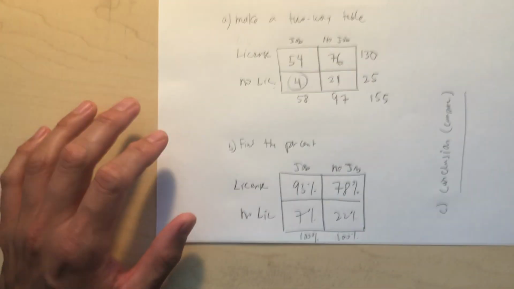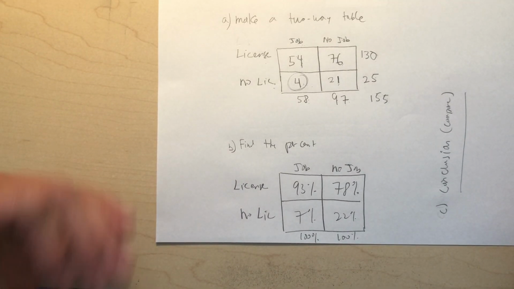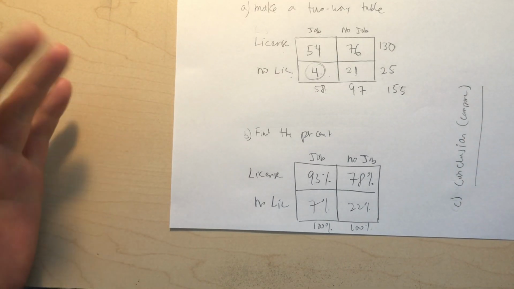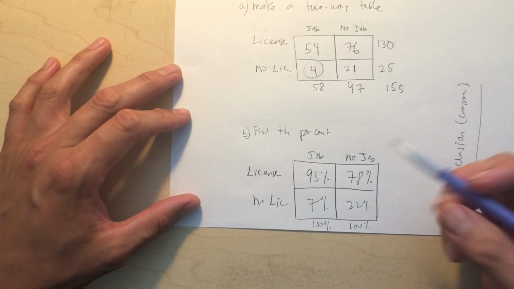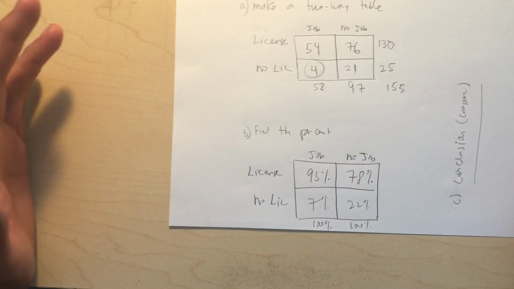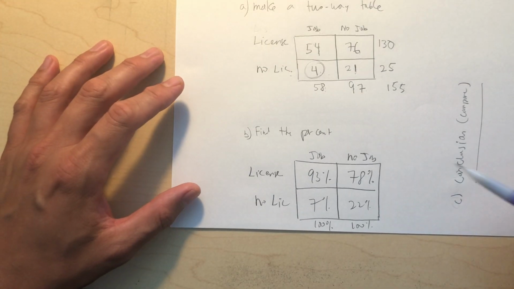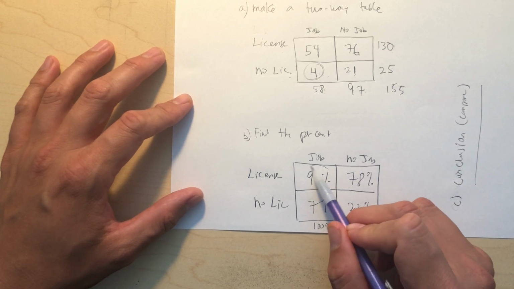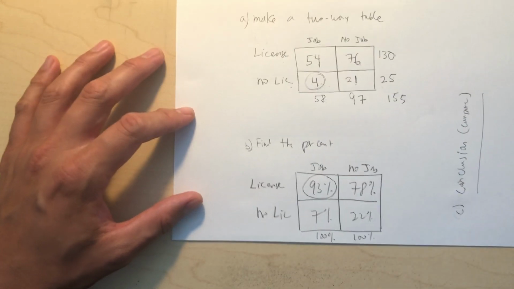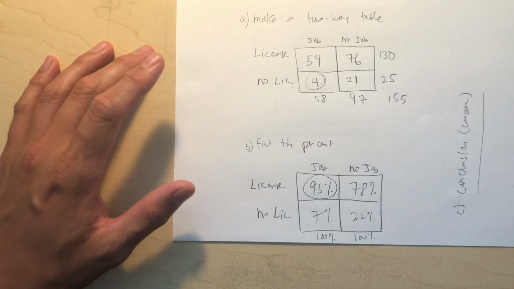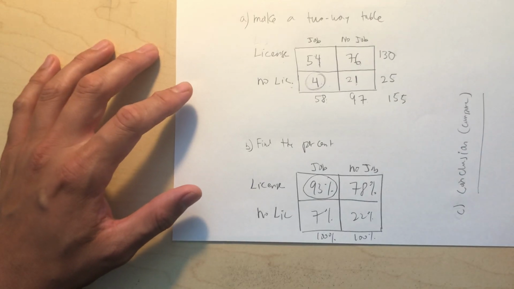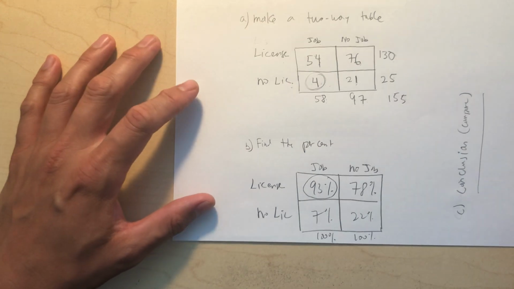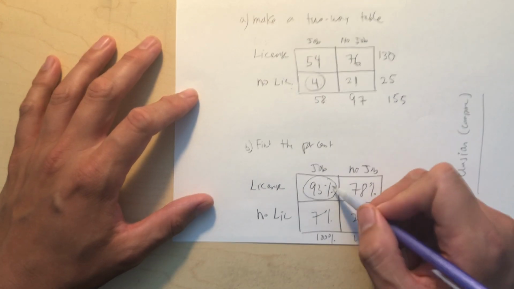So what is my conclusion? By looking at this data right over here, the key is that students that do have a license and do have a job, it's definitely a lot higher. First of all, 93% of the students with jobs do have a license.